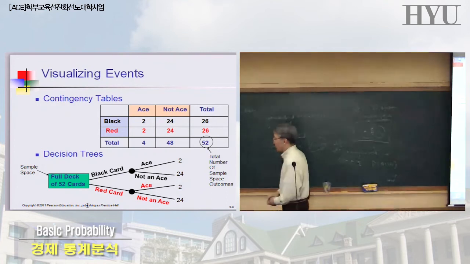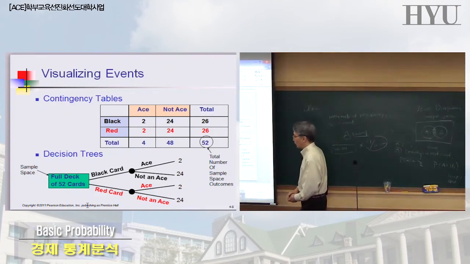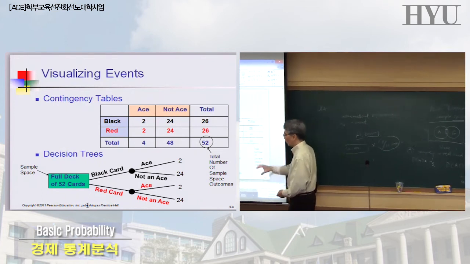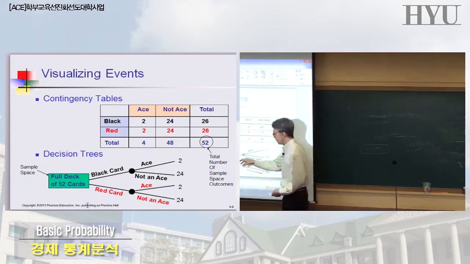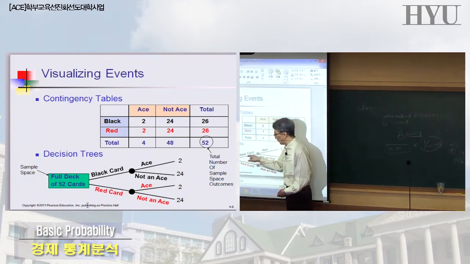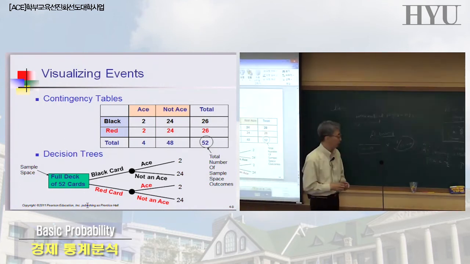Another way to visualize or illustrate the probability of events is using the decision tree. So out of the full deck of 52 cards, we think about the first possibility. It's called the node.